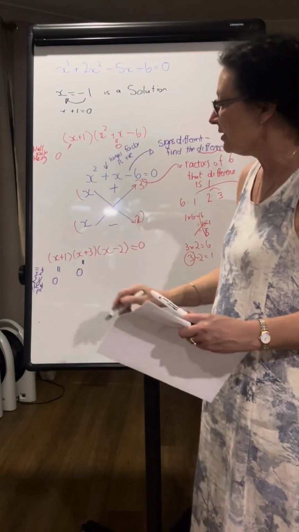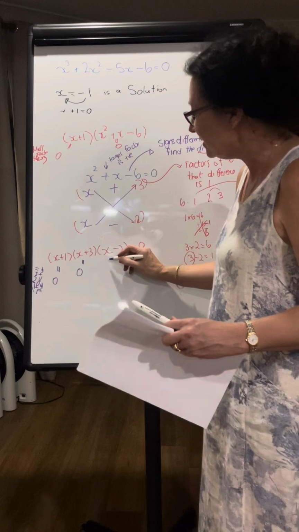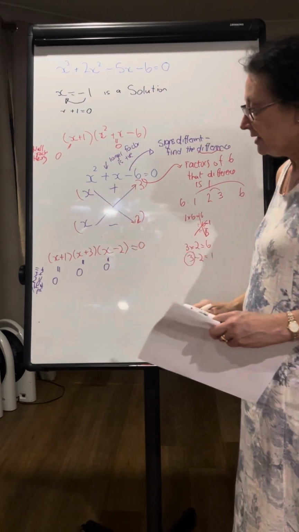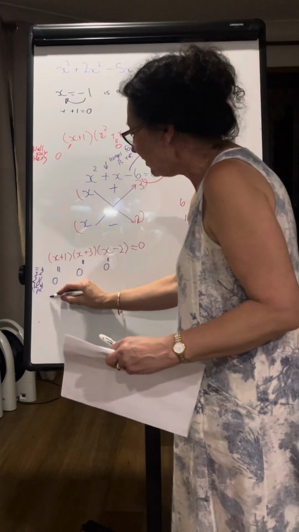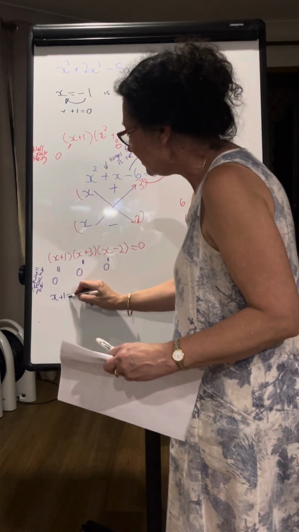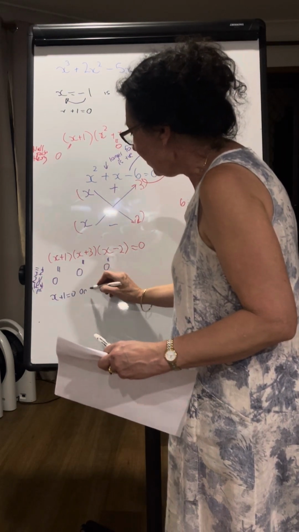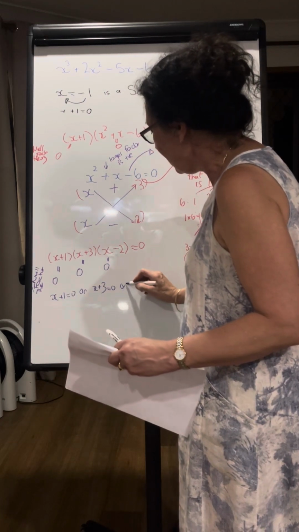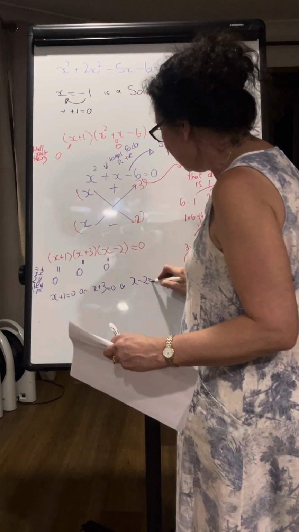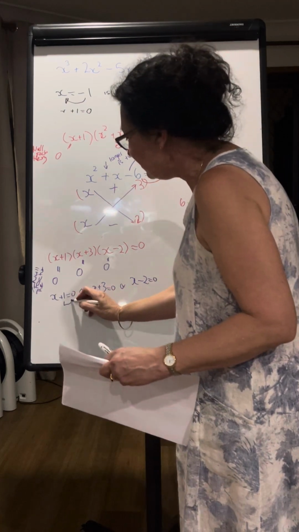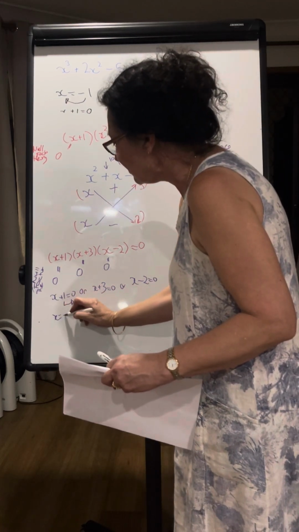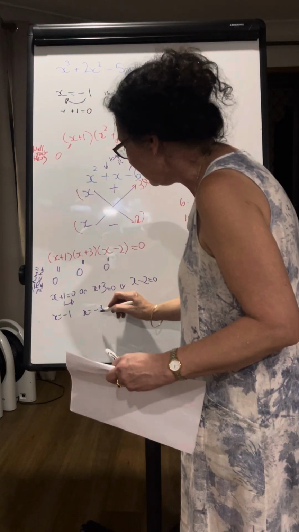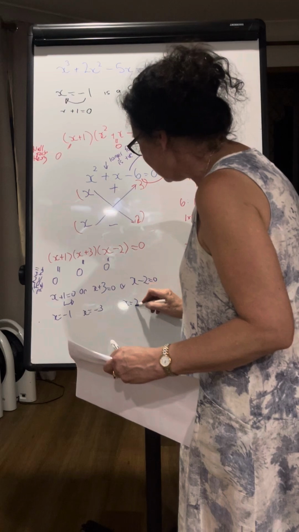Likewise, if that equals 0, 0 times whatever they are will be 0. And if that equals 0, 0 times whatever else is there is 0. And I like to write x + 1 = 0, or x + 3 = 0, or x − 2 = 0. So you just move those across and you get x = −1, which we found at the top, x = −3, and x = 2.